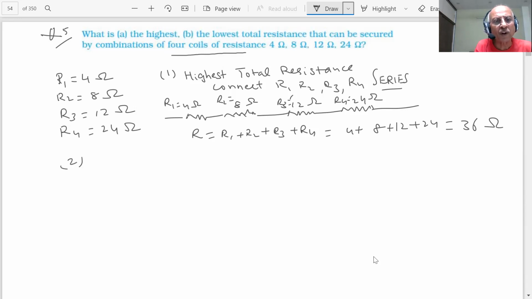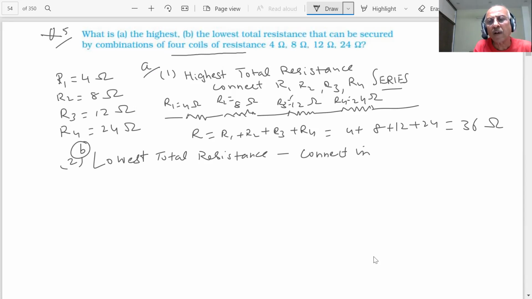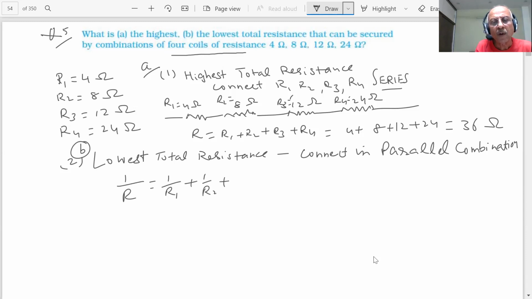And lowest value is always obtained, this is my B part. Lowest total resistance will be when you connect them in. Sir, in parallel. Connect in parallel combinations. So what will be 1 by R, 1 by R1 plus 1 by R2 plus 1 by R3 plus 1 by R4.